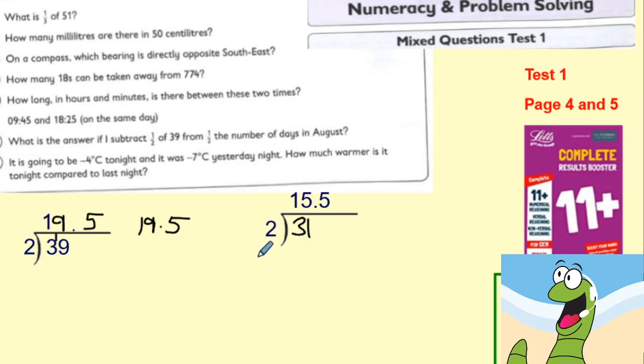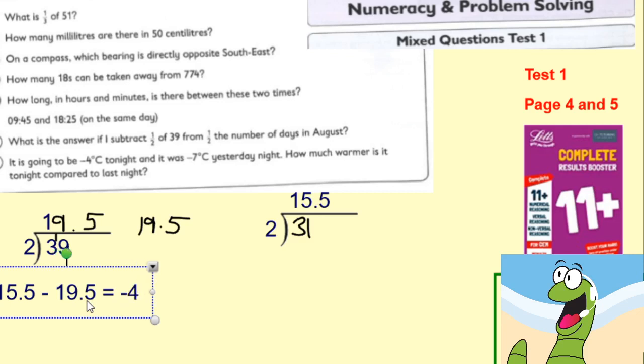Okay. So, what is the difference? Now we need to take 15.5 and subtract 19.5, and that gives us -4. Okay.